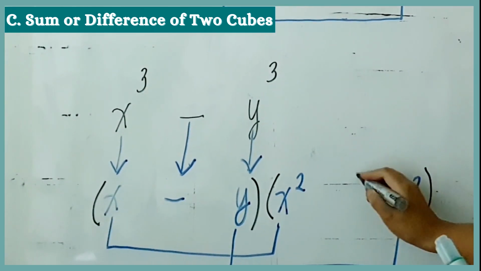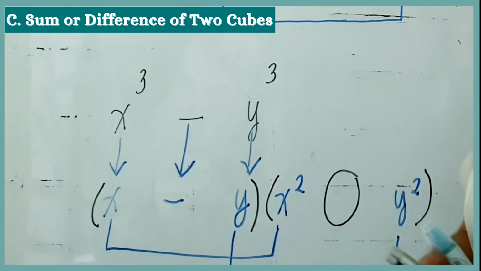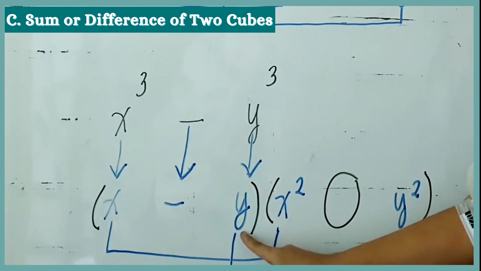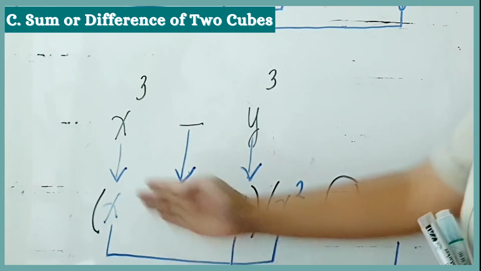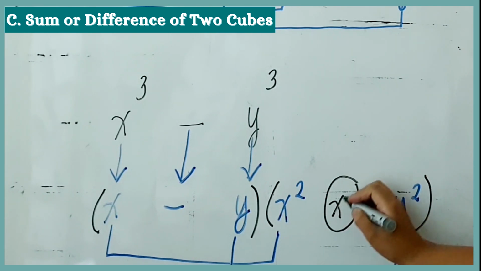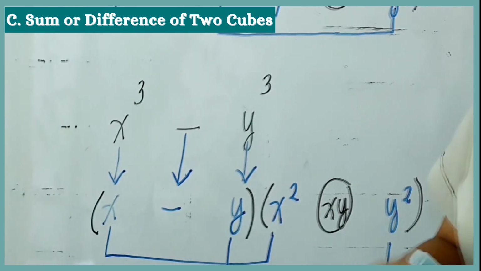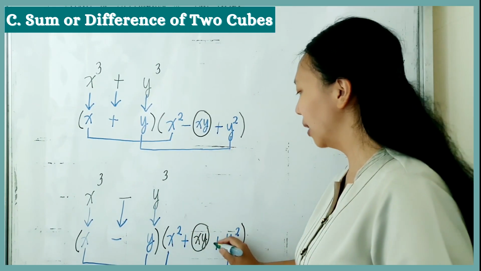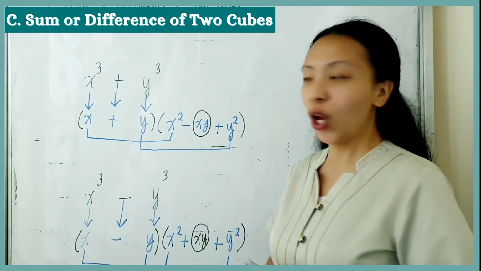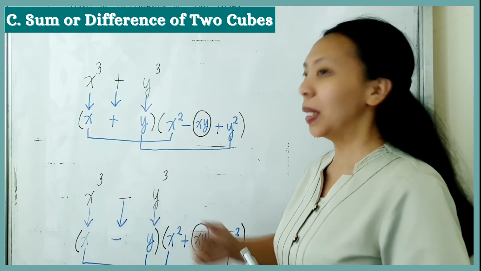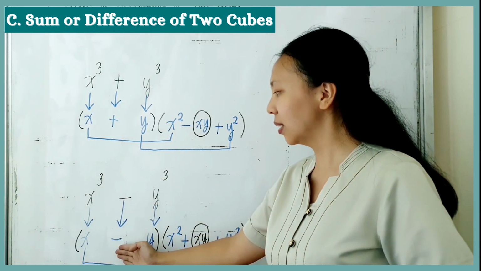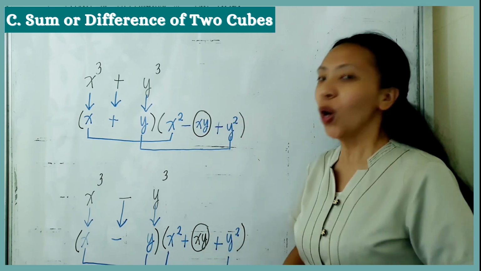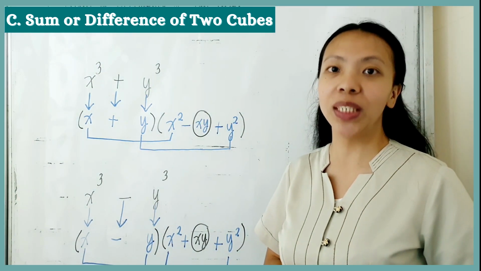For the middle term of our trinomial factor, we multiply the first term of the binomial factor and the last term of that same factor. So we have x times y is xy. For the pattern of the signs, we shall be following minus, plus, and plus. Let me repeat that. For a difference of two cubes, the pattern of the signs is minus, plus, and plus. These are now the patterns we are going to follow when we are factoring sum or difference of two cubes.